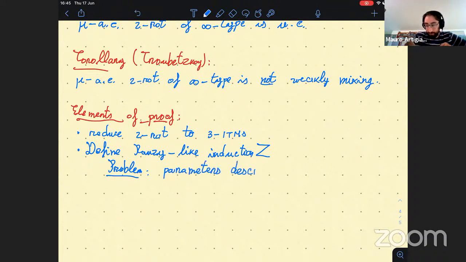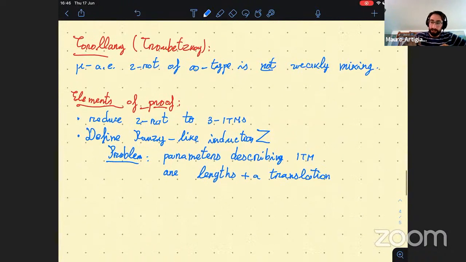So the parameters describing an ITM are lengths plus a translation. Actually, you can pick parameters carefully so that you only need one.